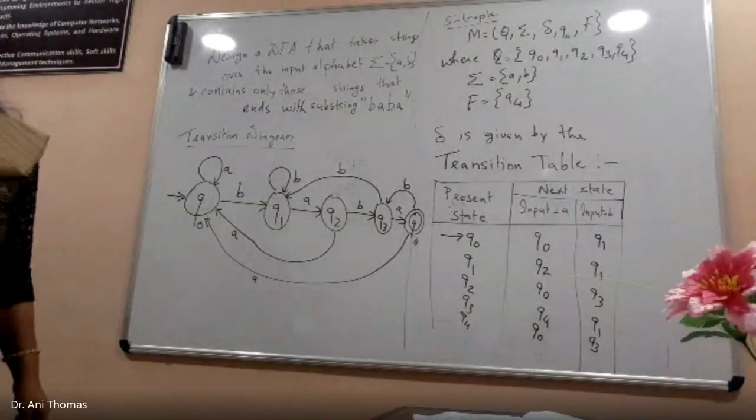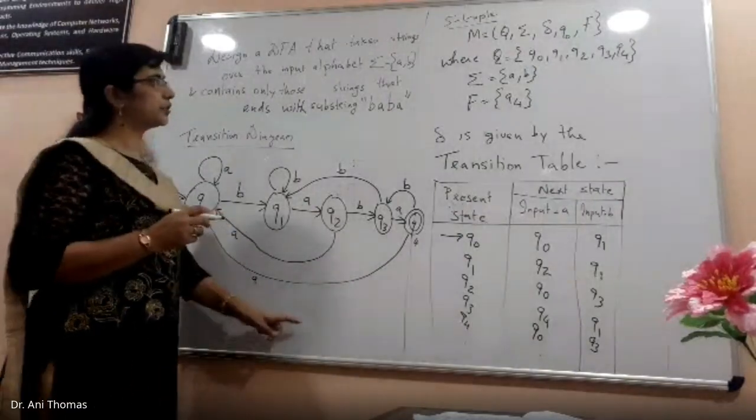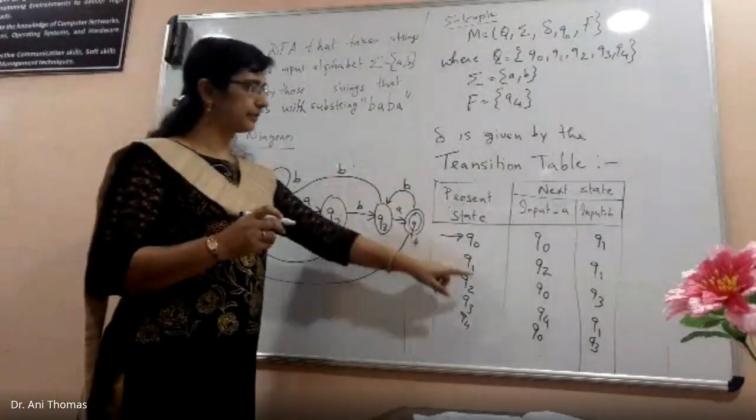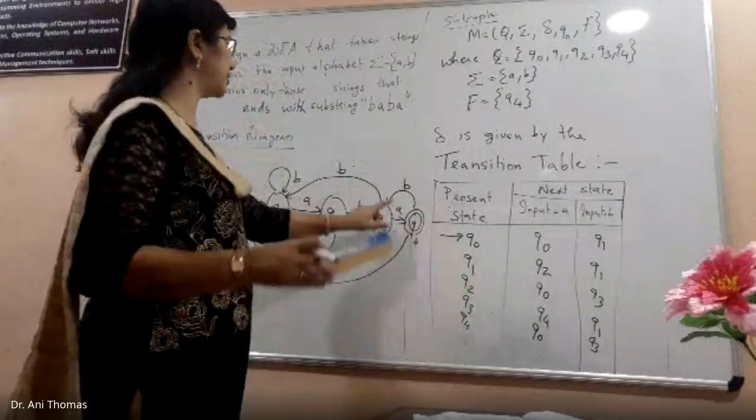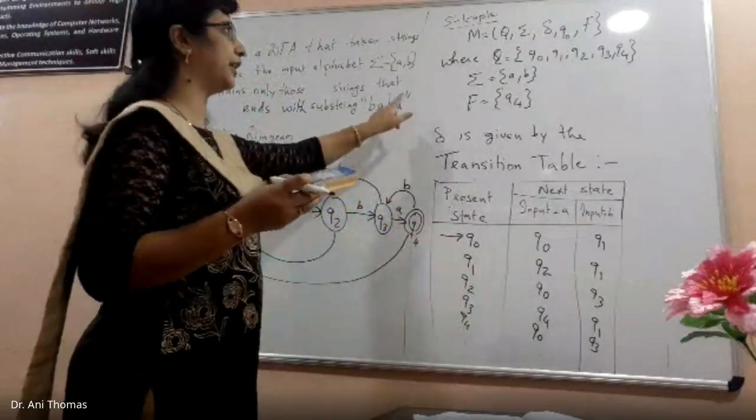So we have del given by this transition table. We have changed it for strings that end with BA.